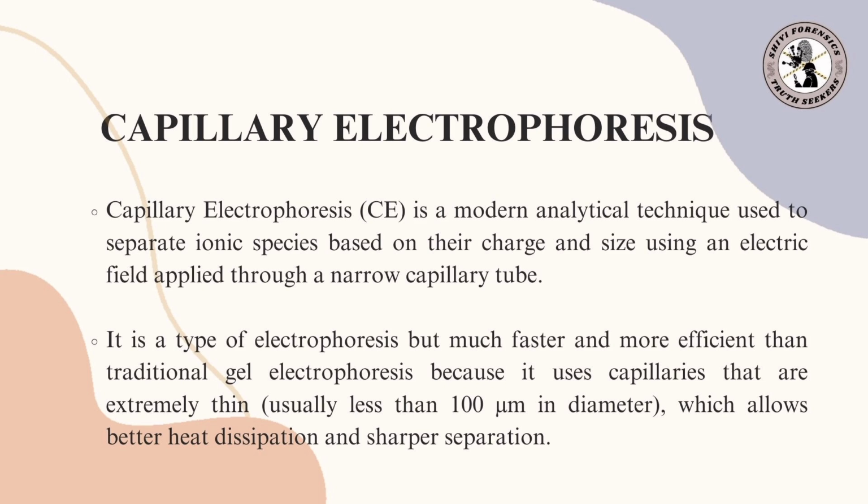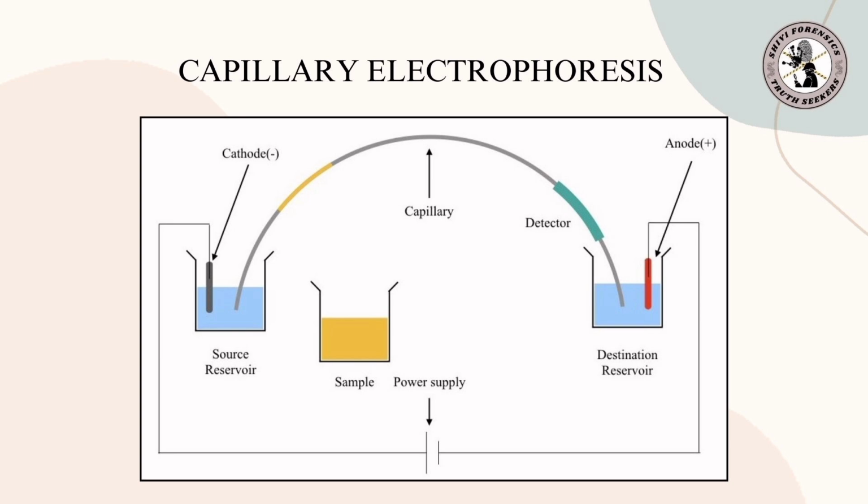Now we have capillary electrophoresis, which is much faster and more efficient than gel electrophoresis. Why is it more efficient? Because it uses thin capillaries, less than 100 micrometer in diameter, and that allows better heat dissipation and sharper separation.